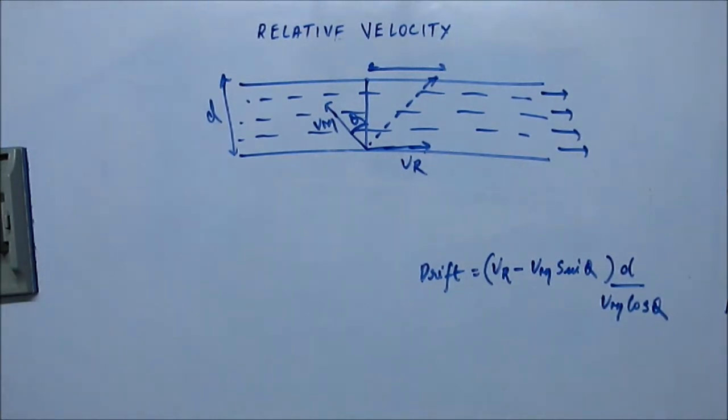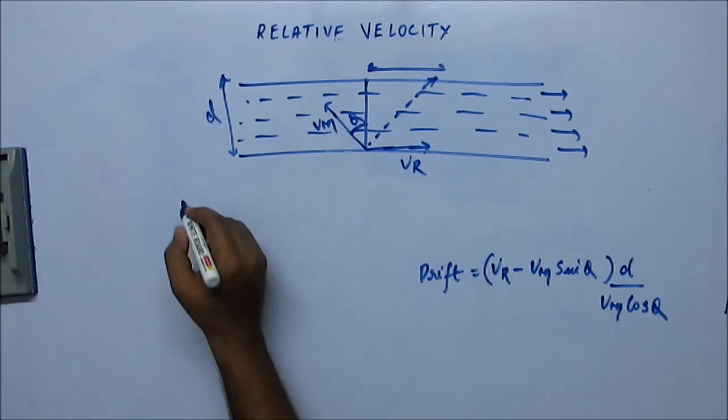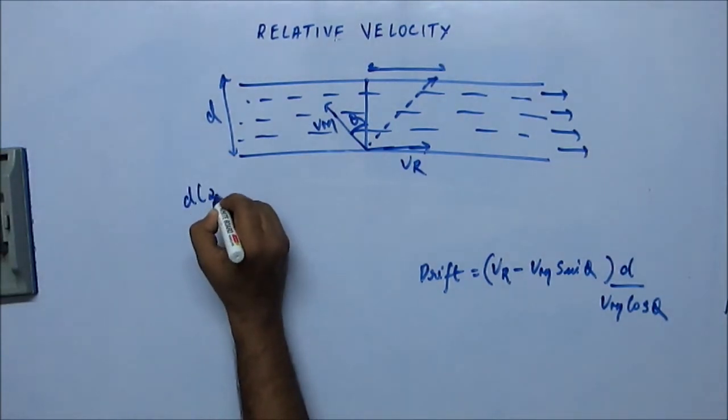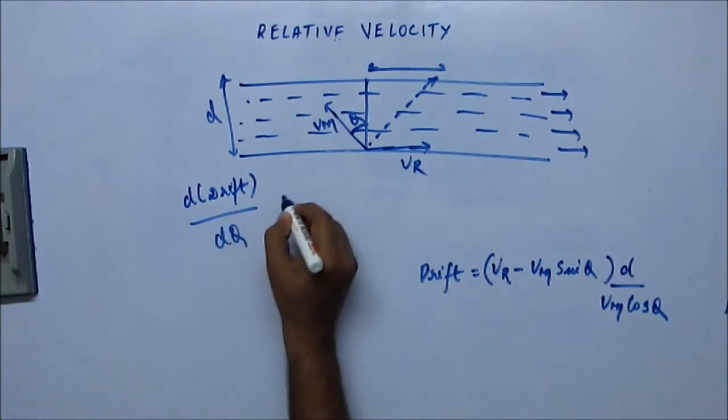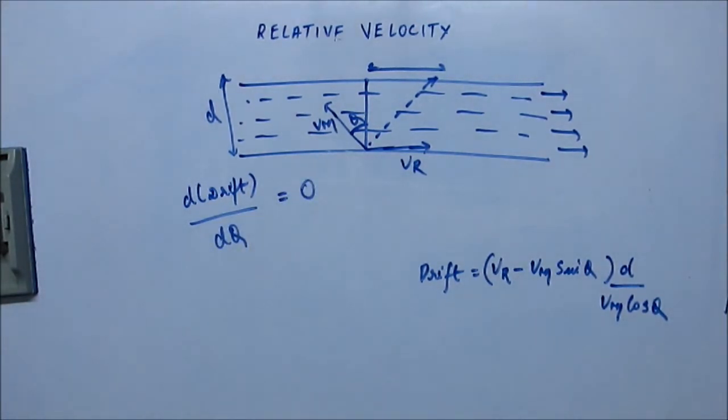Now in this kind of thing, you know what you have to do. You have to differentiate the function with respect to theta, and then find at what theta the drift will be minimum or maximum. That's what we have learned in the differential calculus that we have studied before. So what you have to do is differentiate drift with respect to theta, and make that 0.